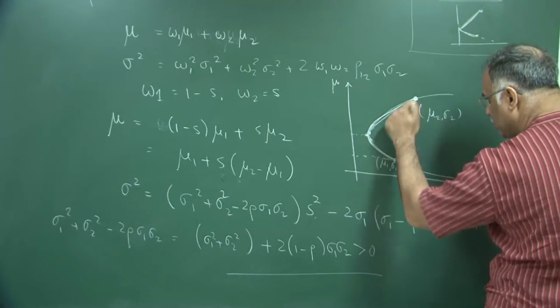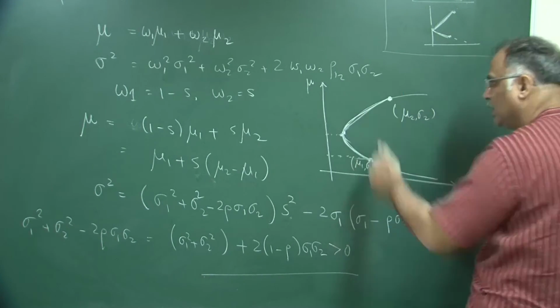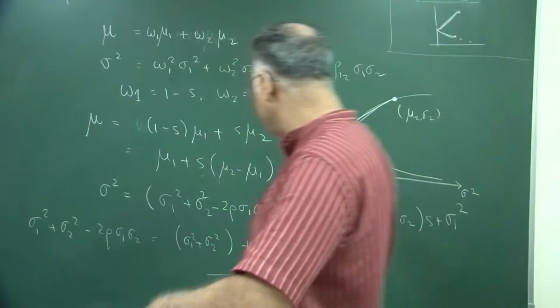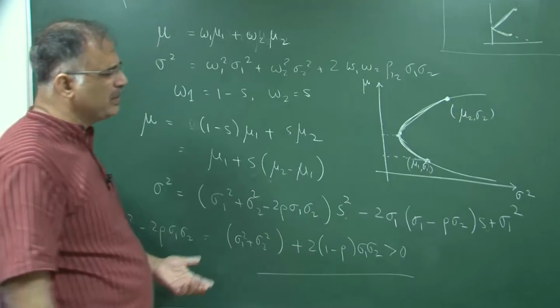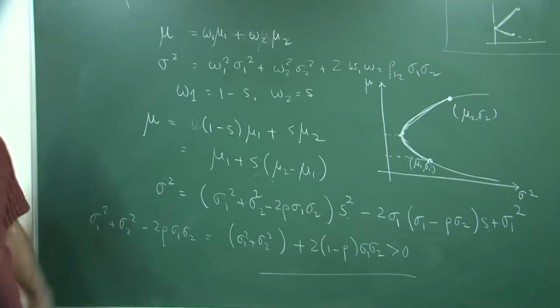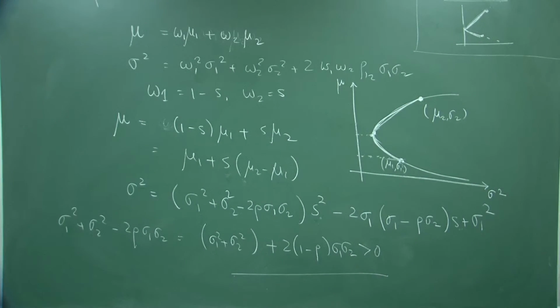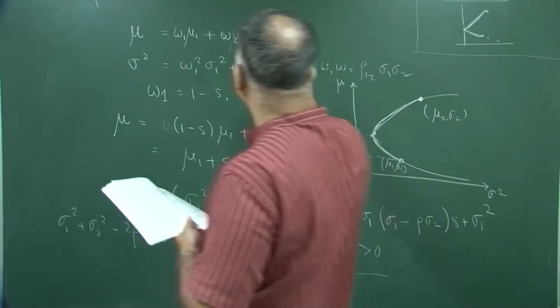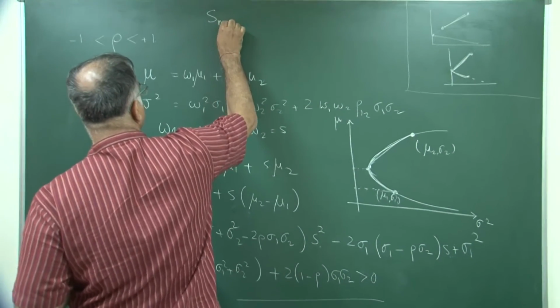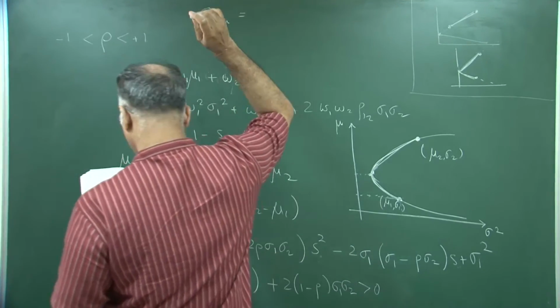So, as you move from here to here, you are changing S from 0 to 1, and that is the way this curve is drawn. This is called the mean variance curve, and that is the way it looks. So, here let me just write down for you what would be the minimum S in this particular case.